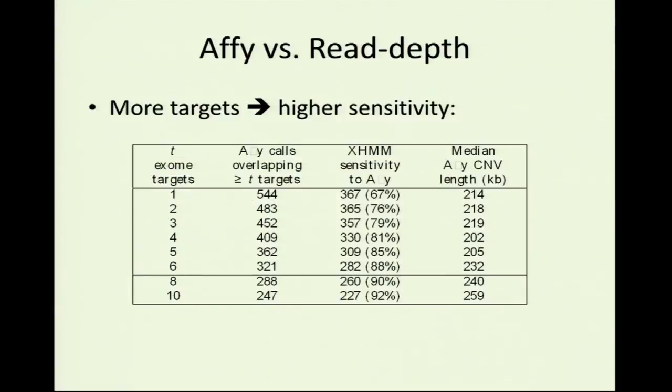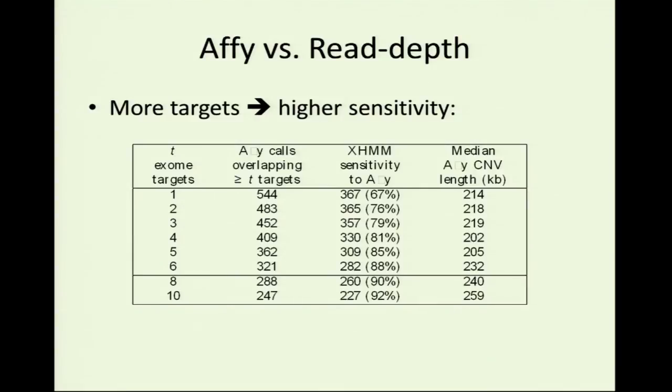set. And when we looked a little bit deeper into that data, what we actually saw is that one of the important points is that as you change the number of exome targets that the CNV overlaps, you'll have more power to detect the CNV.